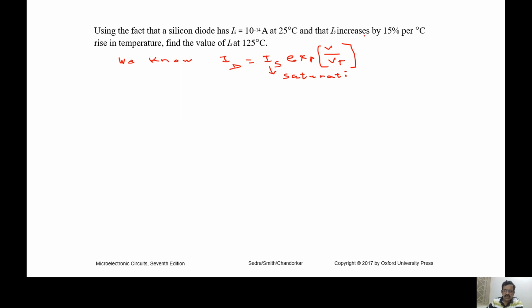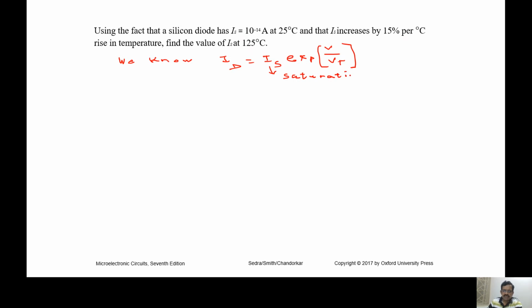But IS is also a function of temperature. We had seen that in the class. I had explained then that IS is related to Ni, the intrinsic carrier concentration. At room temperature Ni is 1.5 into 10 power 10, but as we increase the temperature, the charge carriers available for conduction will be higher.